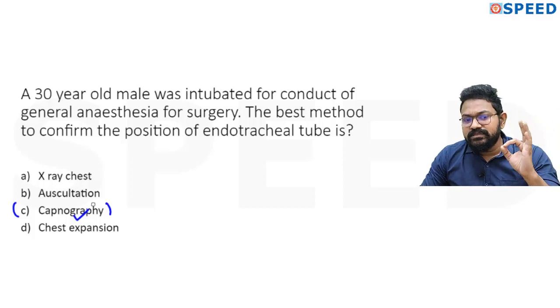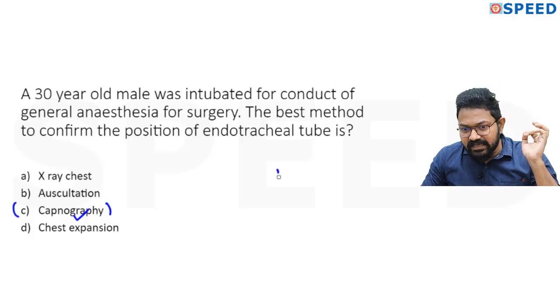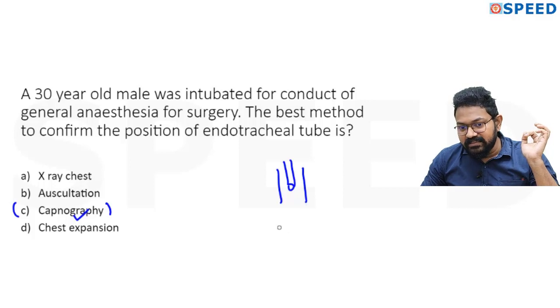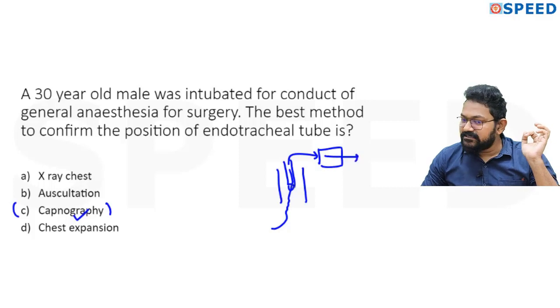So, how can we use capnography for the confirmation of intubation? It's quite simple. Imagine that you have intubated correctly, and this is your trachea, and this is the endotracheal tube. Obviously, when you are expiring, the air that is expired will go through the endotracheal tube, and you will have the capnography monitor here to analyze the expired air.